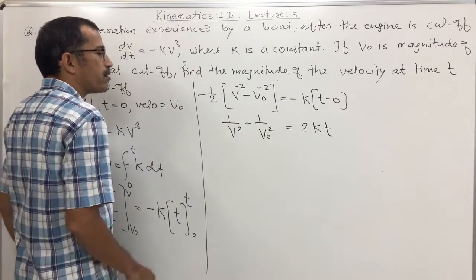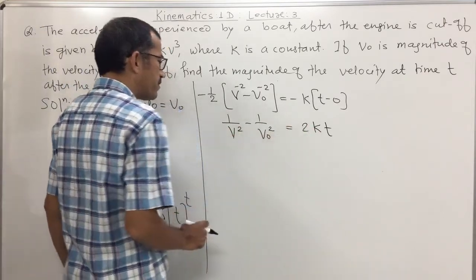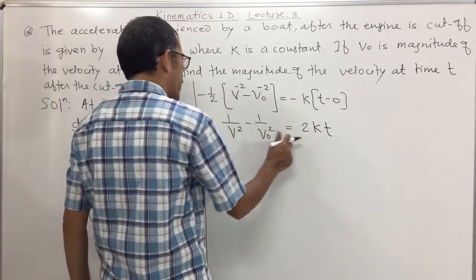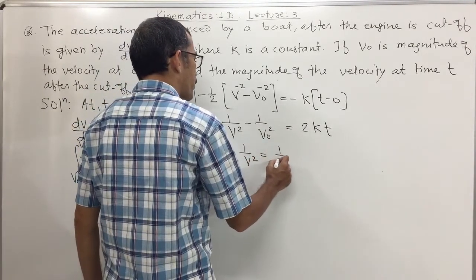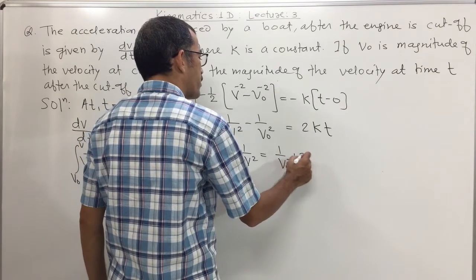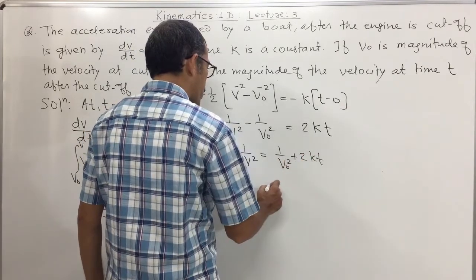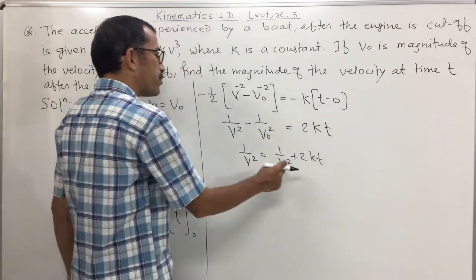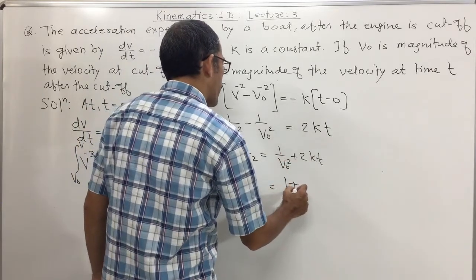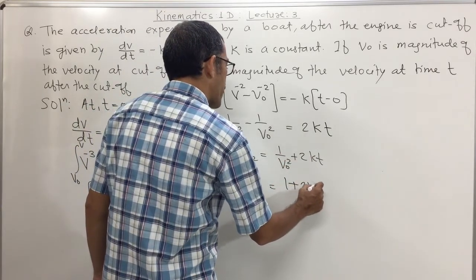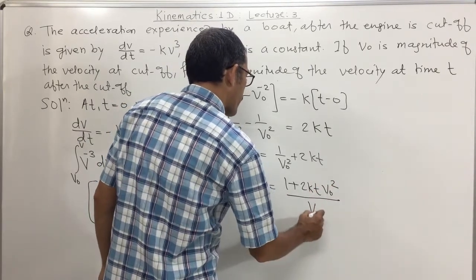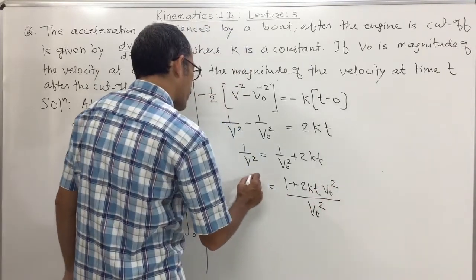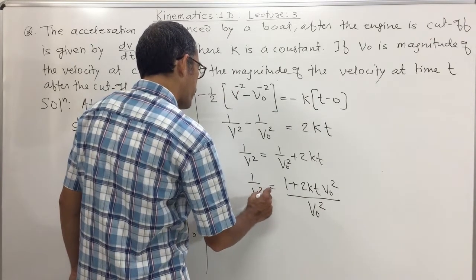If you want to find it, I'll take this term to the right side, simple. Then 1 upon v square equals 1 upon v naught square plus 2kt. Let's solve this: 1 plus 2kt v naught square upon v naught square equals 1 upon v square.